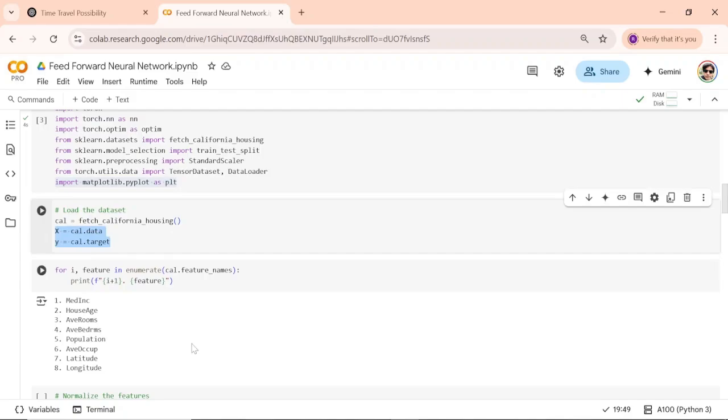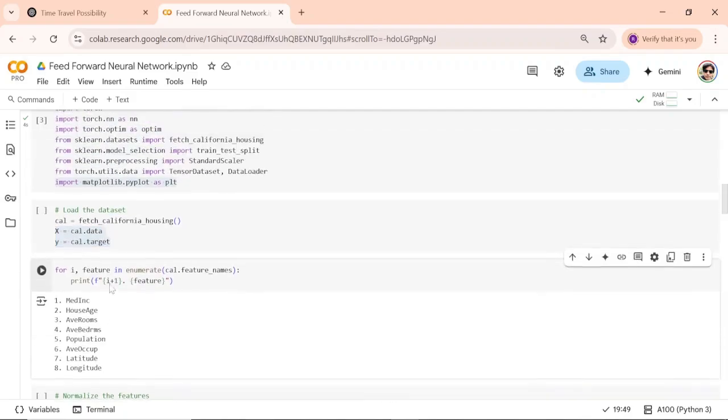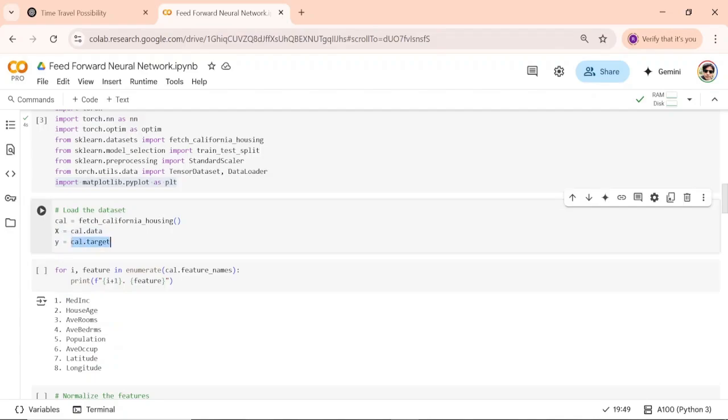So x is the data and y is the result. There are 8 features, I think. All these input features are part of x, and the output, the prediction of the house, is part of y.